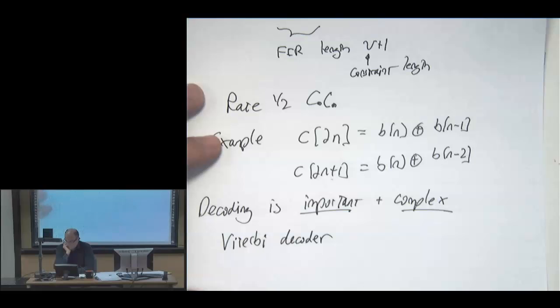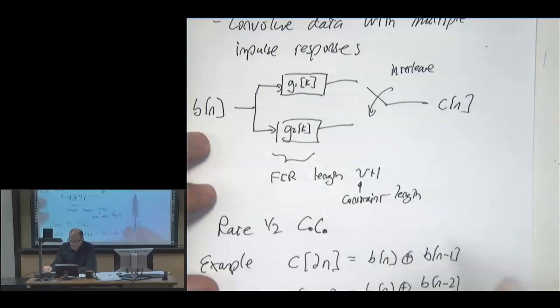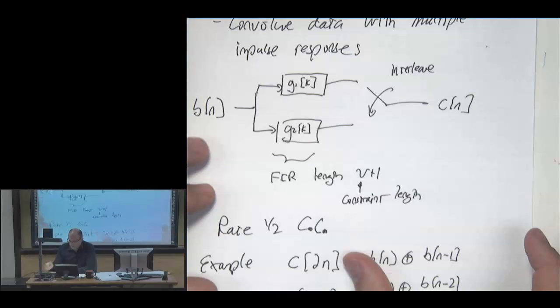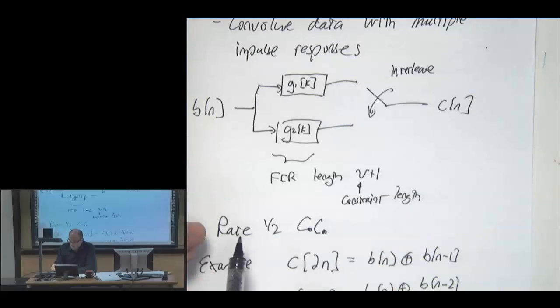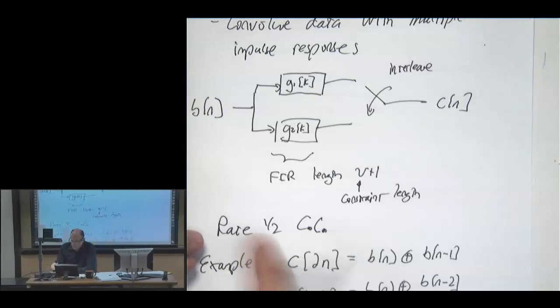Essentially, when you take this bit sequence here and convolve it together, you get a very long bit sequence out. So what the Viterbi decoder tries to do is find the best sequence that's closest to what you observe. And because of the memory in the system, it can do this in a very nice recursive manner. So it's sort of a cute algorithm. Fortunately, I won't have time to go through it, but it would take a whole lecture to explain it, and it would take a week or two to probably implement it.